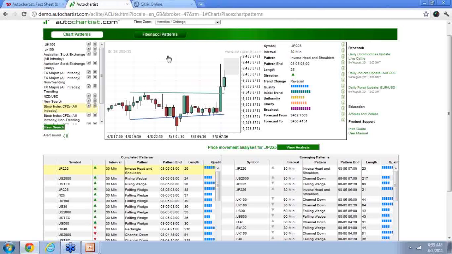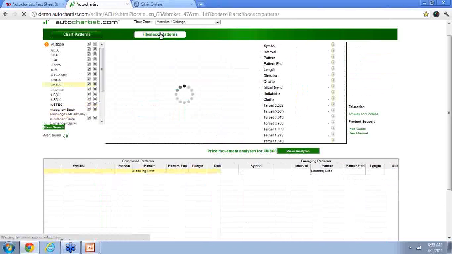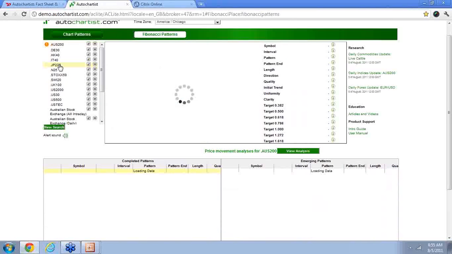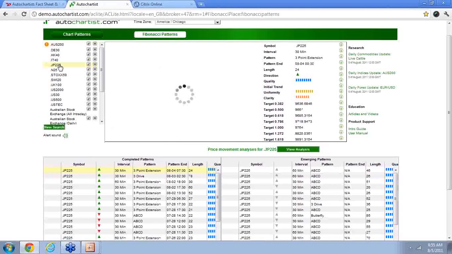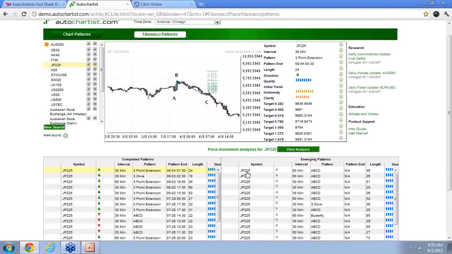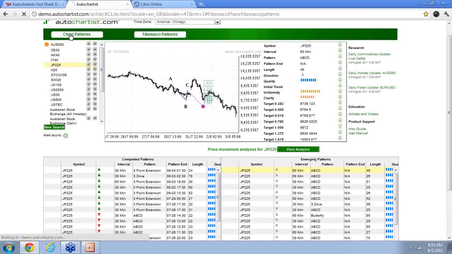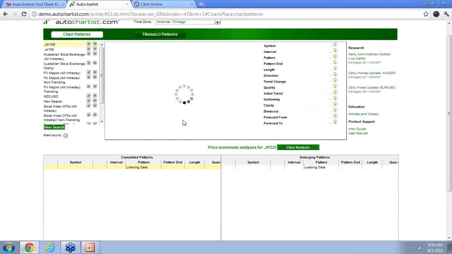Now what we're looking at is whether something in the Fibonacci section of the AutoChartist is telling us that this market has further upside, or in this case, again, nothing is saying that the pattern that we're looking at is going to change.